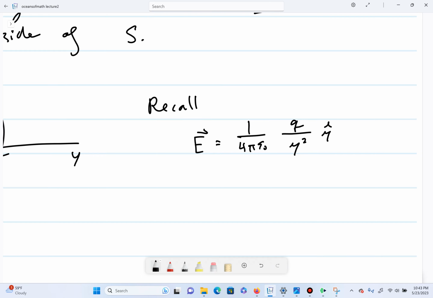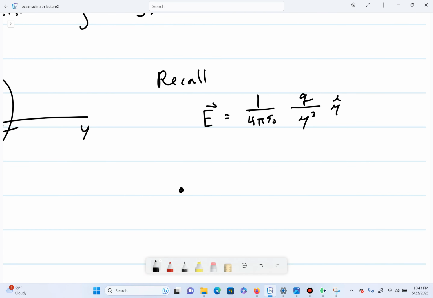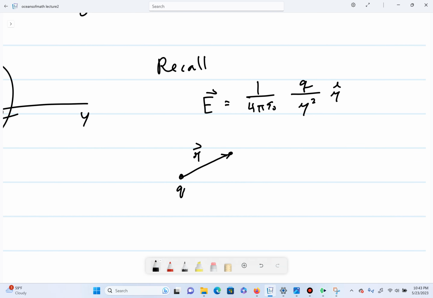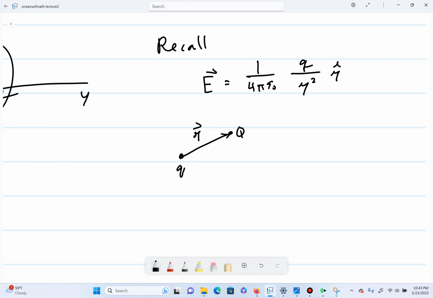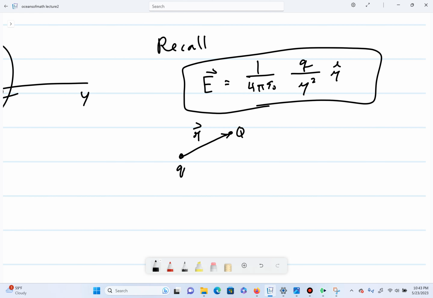Basically, if I have a point charge Q, and I look at a position R out in space, a vector, let's say cursive R, which is consistent with the notation used in Griffiths, and I have a test charge, maybe capital Q here, and I look at the electric field, which is the force exerted on that test charge divided by its charge, I can recognize that experimentally this is the equation for the electric field.